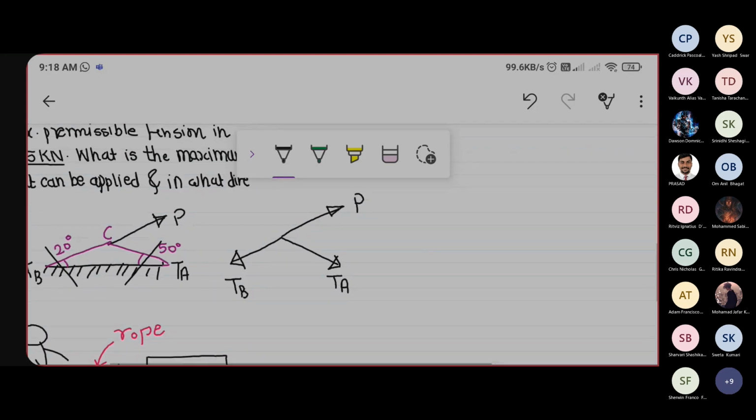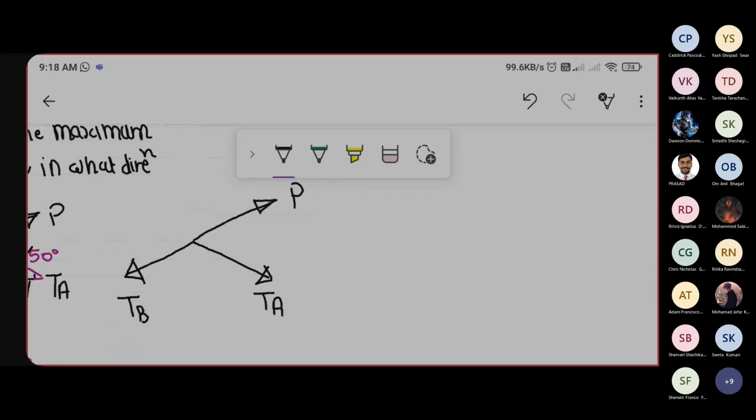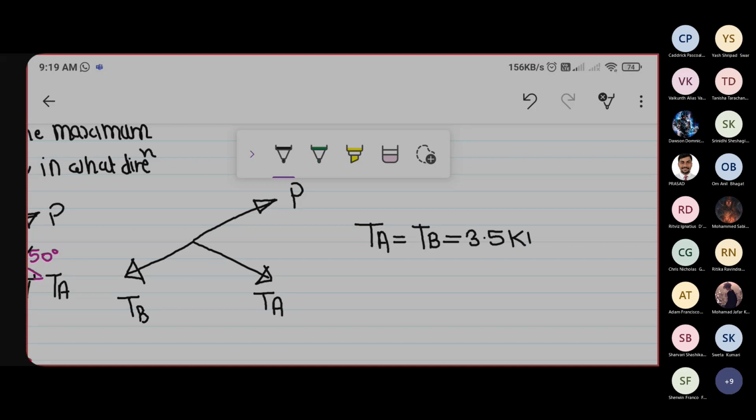So we can write TA is equal to TB is equal to 3.5 kilonewton.